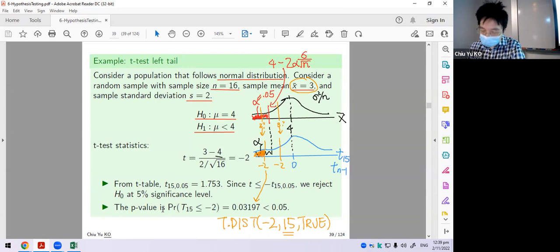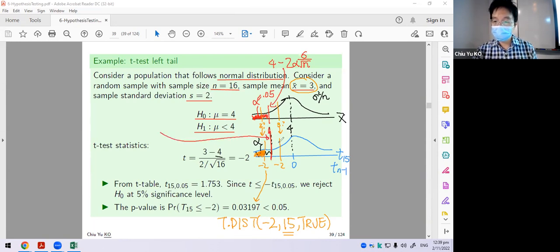Now, the other way to look at this question, which is what you are expected to do in the exam, is to look at the red area. What's the critical value? What's the boundary of the rejection region? That is not that difficult.